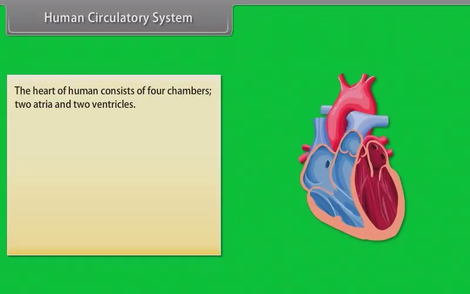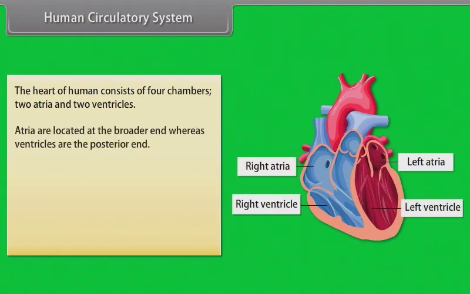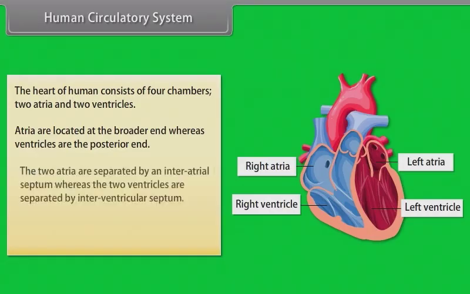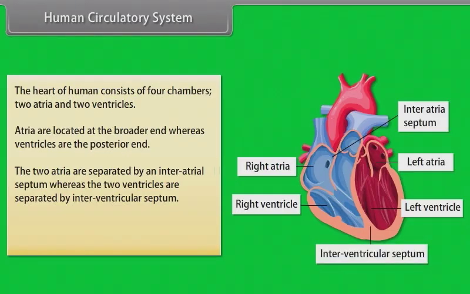The heart of a human consists of 4 chambers, 2 atria and 2 ventricles. Atria are located at the broader end, whereas ventricles are at the posterior end. The 2 atria are separated by an interatrial septum, whereas the 2 ventricles are separated by the interventricular septum.